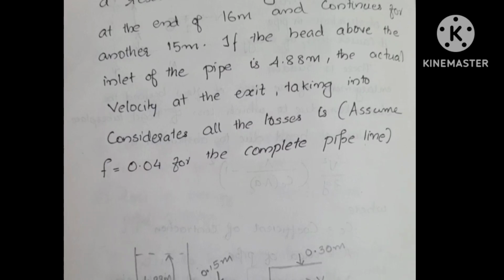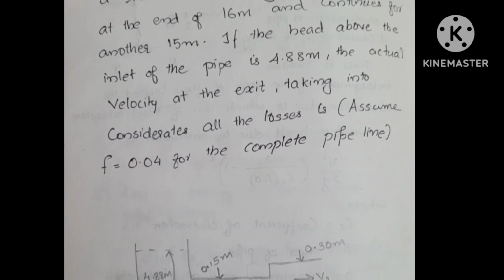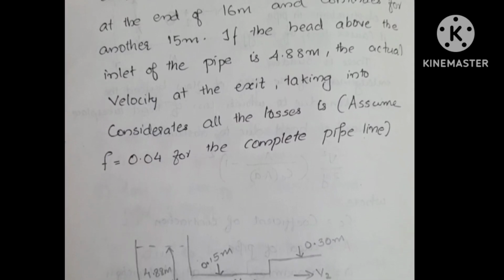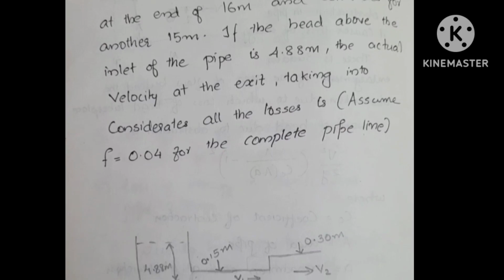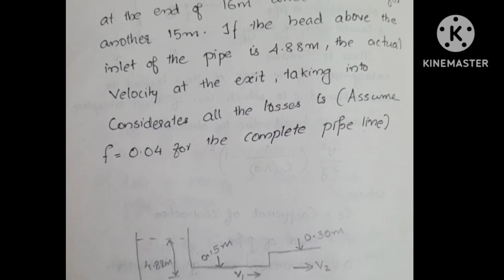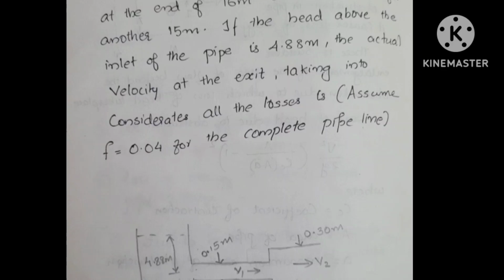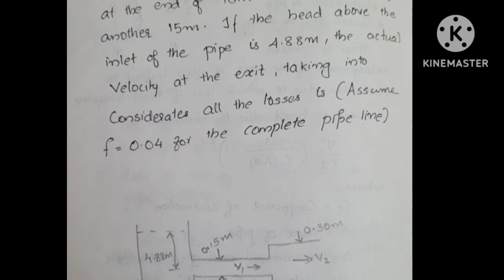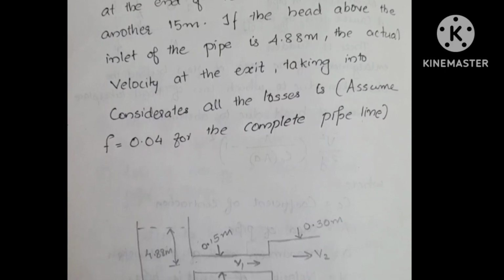a pipe 0.15 meter dia having a velocity V1, and it suddenly expands to a pipe of diameter 0.3 meter, and its velocity is V2.